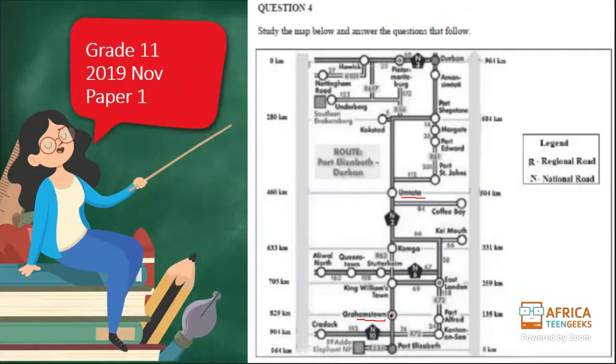Distance between Umtata and Grahamstown. Let's go back to your question. If you did not see the question, just let me know. I'll share the question, but I want to know the distance between Umtata and Grahamstown, or the total distance.